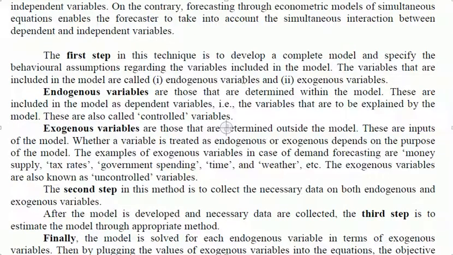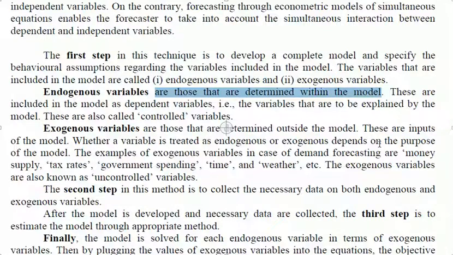There are again two things in that: endogenous variables and exogenous variables. Endogenous variables are those that are determined within the model. These are included in the model as dependent variables, that is, the variables that are to be explained by the model. These are also called controlled variables. We can control the endogenous variables, whereas exogenous variables are those that are determined outside the model.